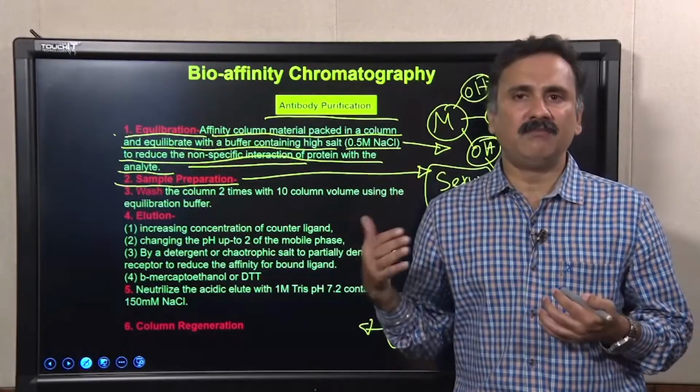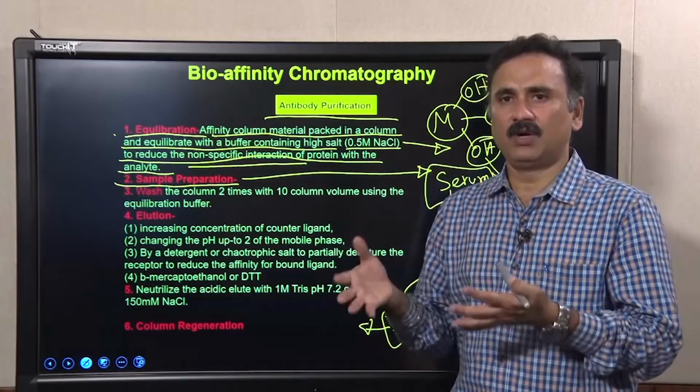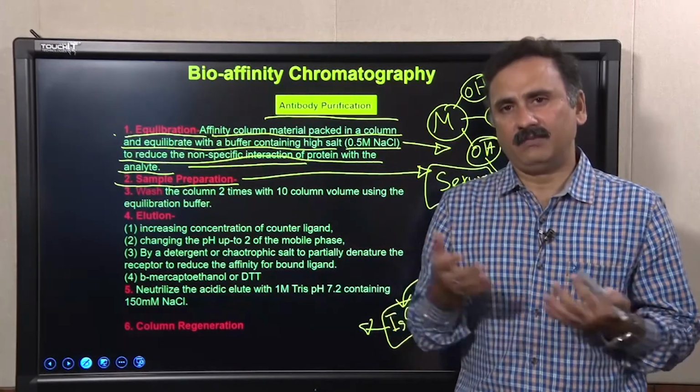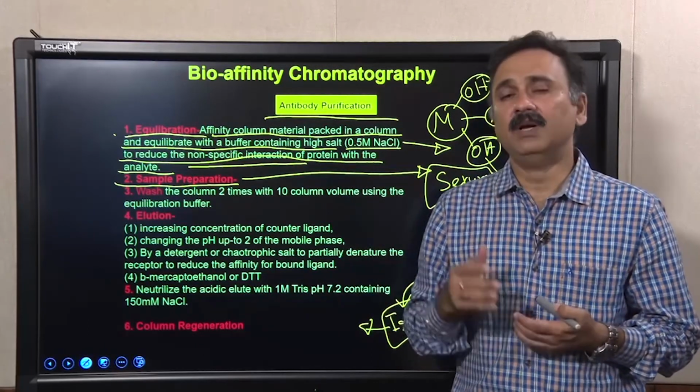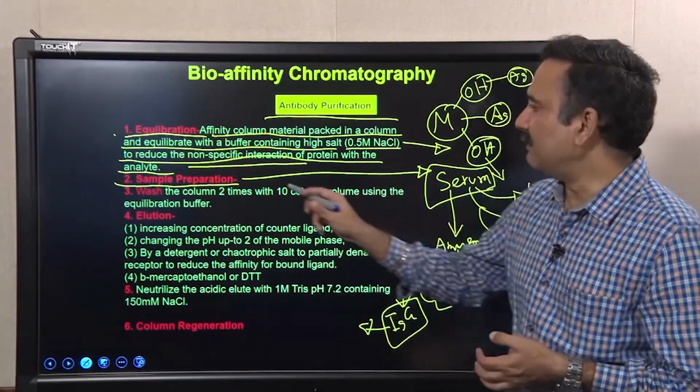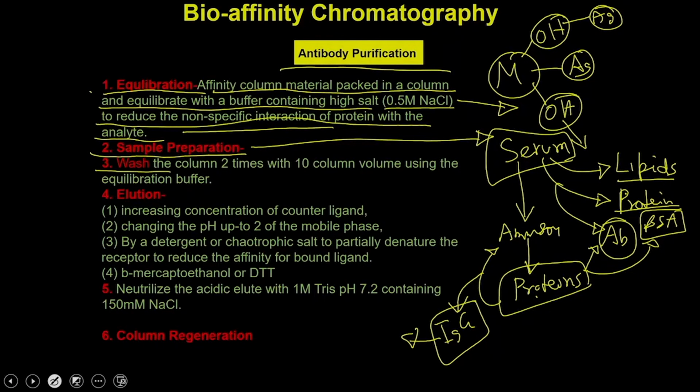If you are doing it in a manual method, for example, if you pack it into a column and use the manual mode, then you can just load the sample with the help of a pipette. After the sample loading, you can do the washing. So, you wash the column 2 times with 10 column volumes using the equilibration buffer, which means you are going to wash with the high salt buffer, so that all the proteins are going to be removed.